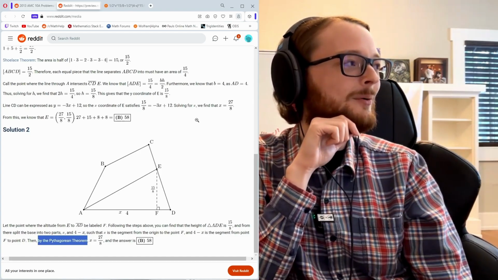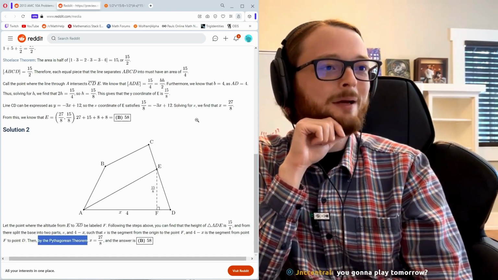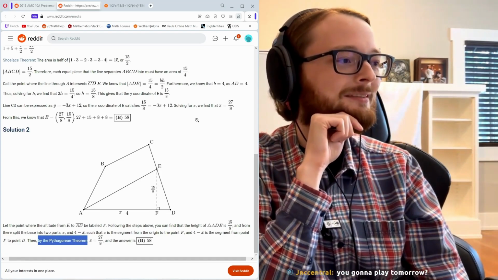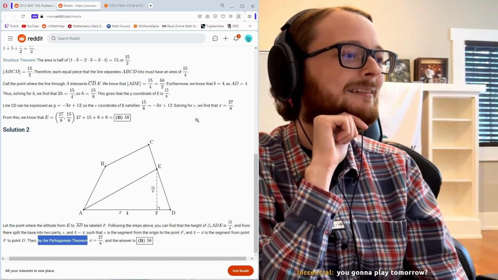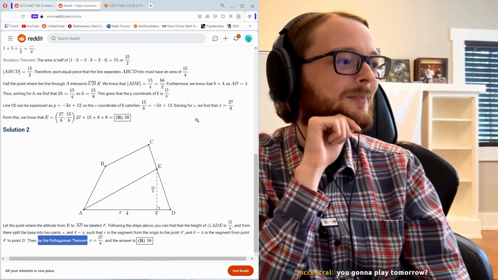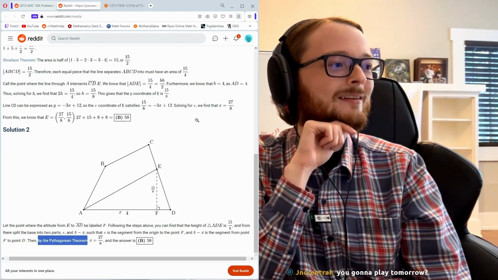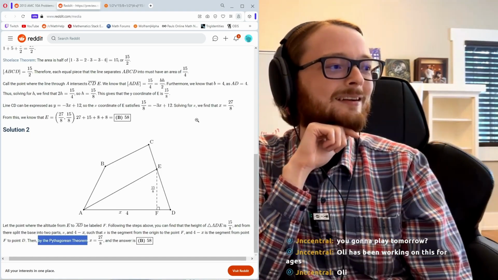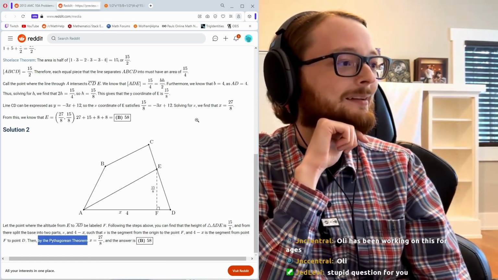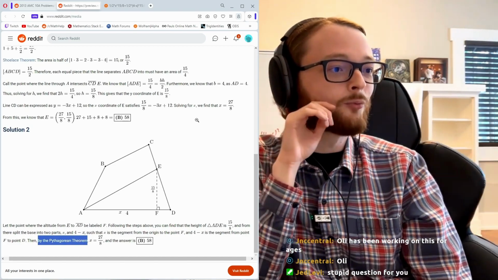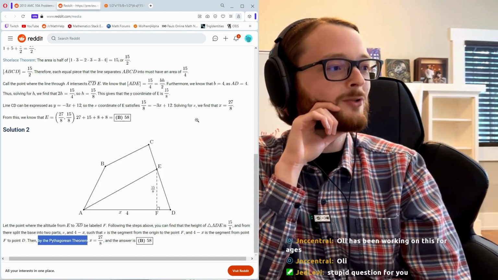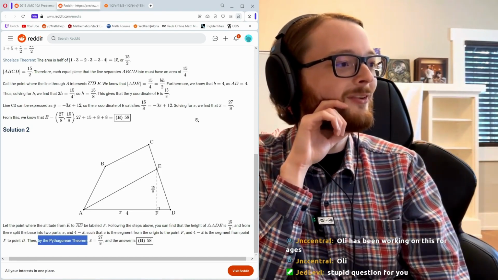I don't know, it's only going to go until 2 in the afternoon by my time, so that doesn't really give time for that long of a play session. I've been working on this for ages. I mean, it seems like it wasn't perfect, but it was really good. Way better than what I would have made. Stupid question for me. I love stupid questions.